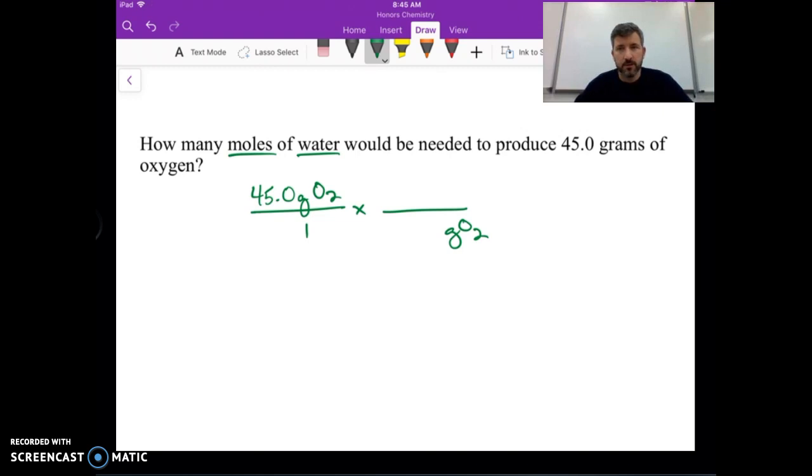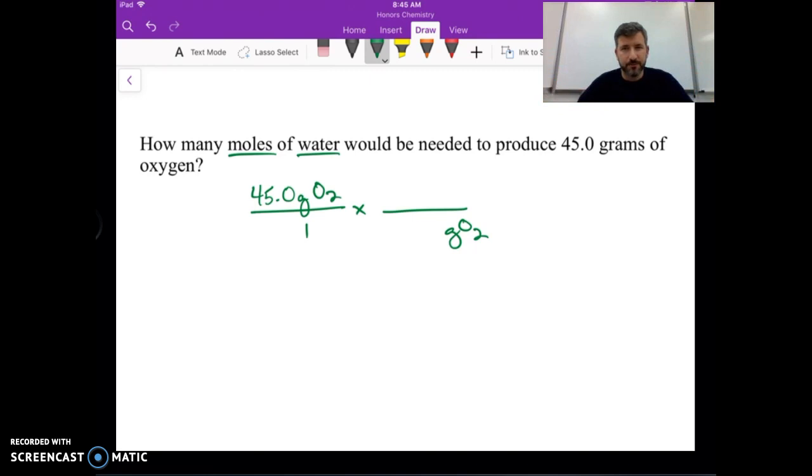The problem is there's no relationship between grams of oxygen and moles of water. It doesn't make sense to say there are this many grams of O2 per this many moles of water. Elemental oxygen and molecular water are two different things. So we have to convert from grams of oxygen to something that we can then convert to moles of water.